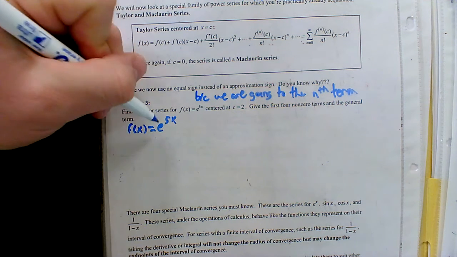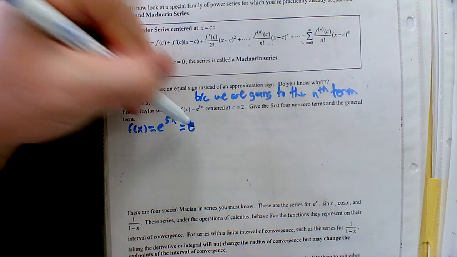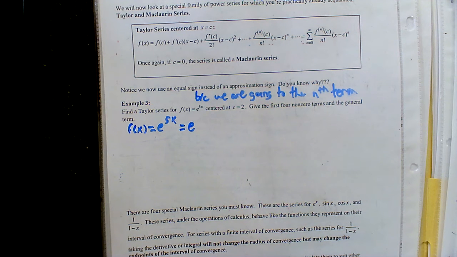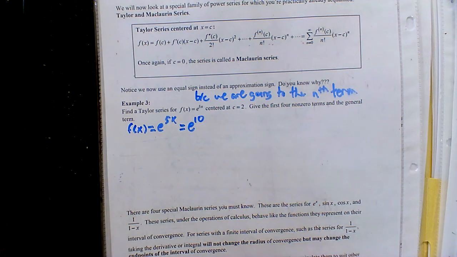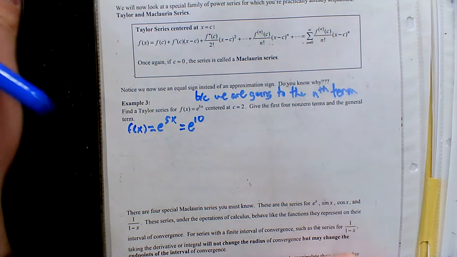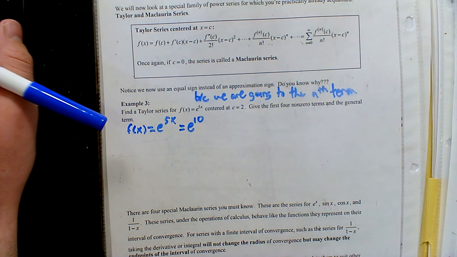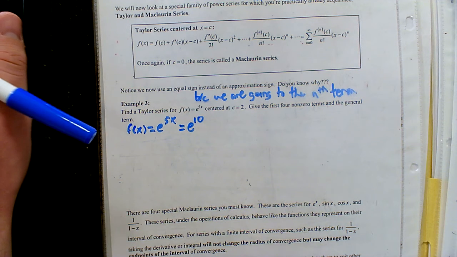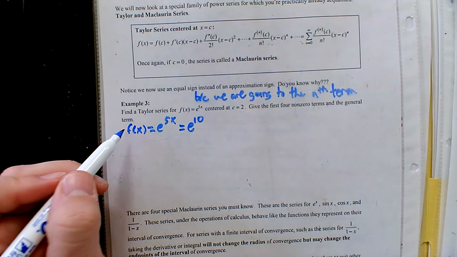If we think about our center, what is this evaluated at 2? We get e to the what? E to the 10th power. Okay. And they say 4 non-zero terms. So how many more derivatives do we need to take? Yeah. If we're going to the 4th term, this one counts as our first term.